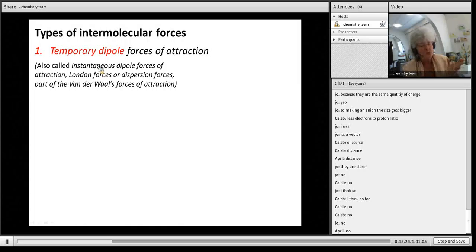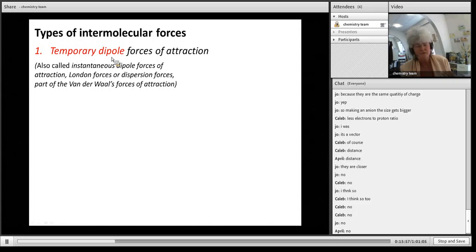When you've worked out the Lewis structure, you can then work out the shape of the molecule, and then you can work out whether the molecule is polar or non-polar. Now, any molecule that has electrons will always have temporary dipole forces of attraction.